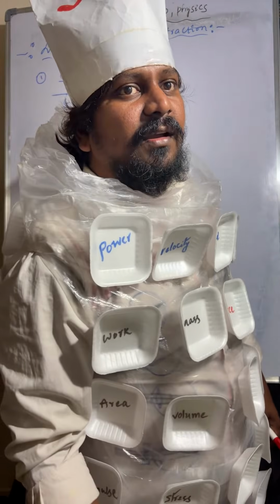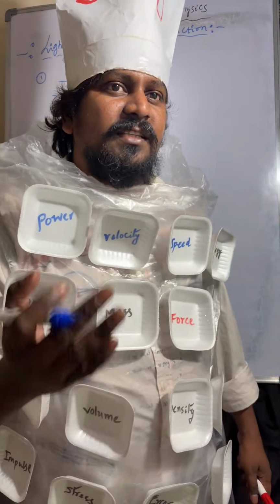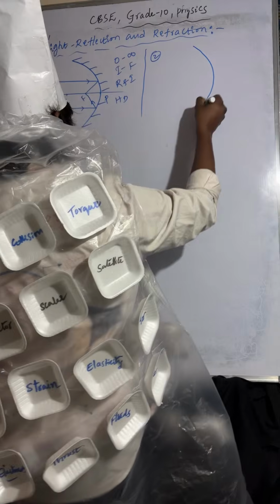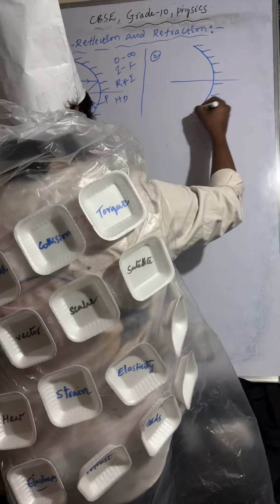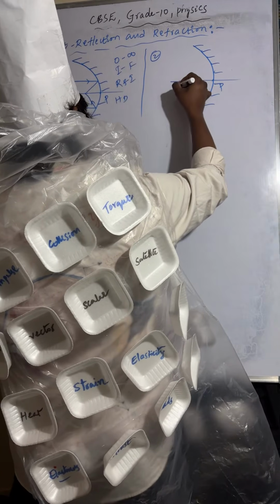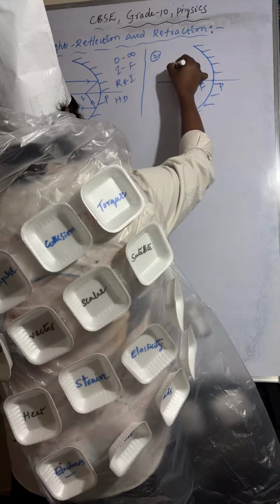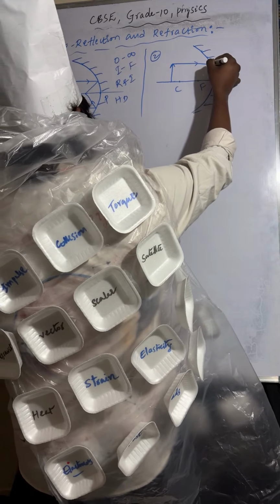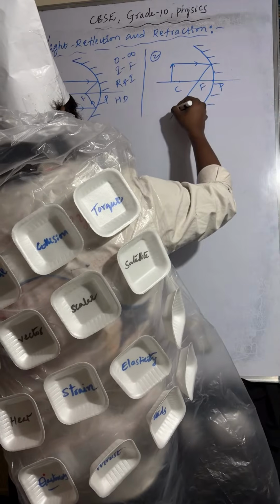Coming to the second one, object is placed beyond center of curvature. Pole, focus, center of curvature. One light ray is passing, after that it passes through focus.